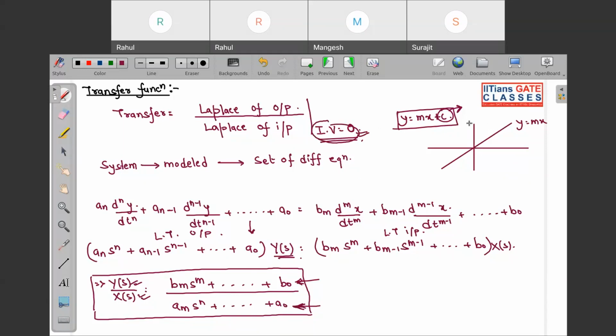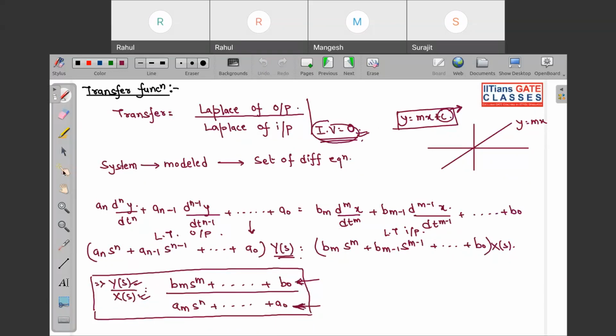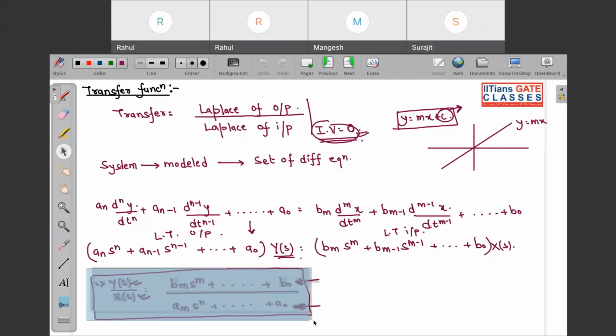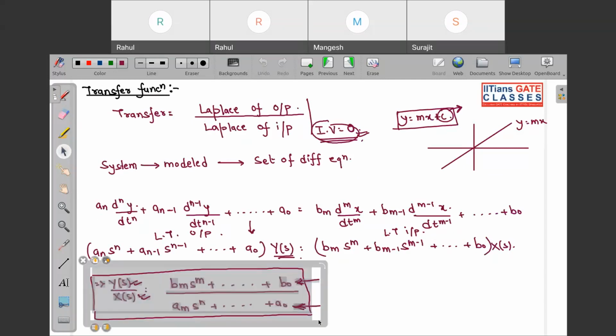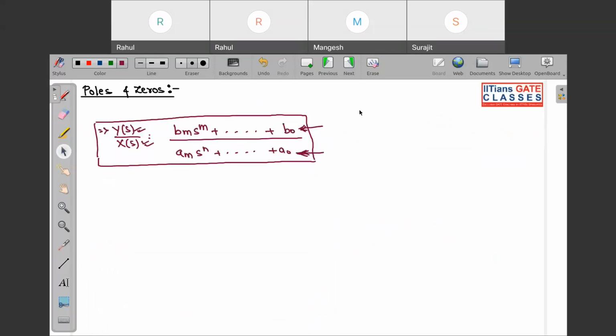Okay, so next is poles and zeros. That is very simple. This was your transfer function.